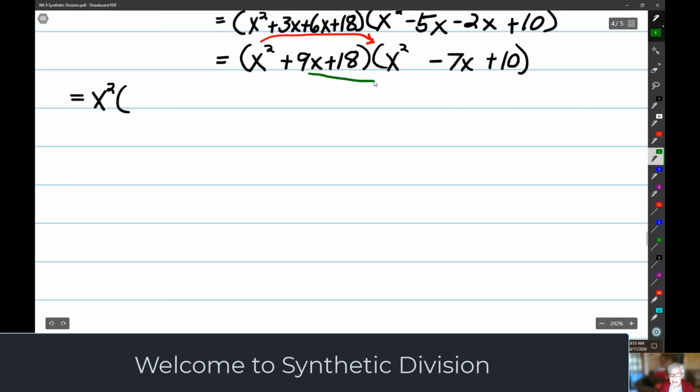And then 9x times the second set of parentheses. And then 18 times the second set of parentheses. And it's going to look like this.